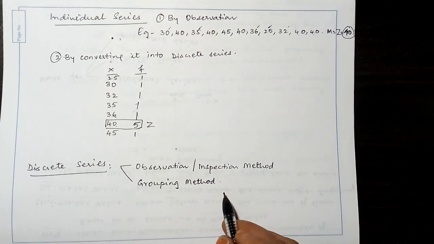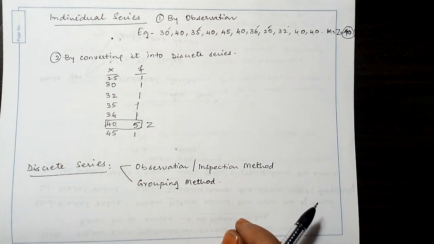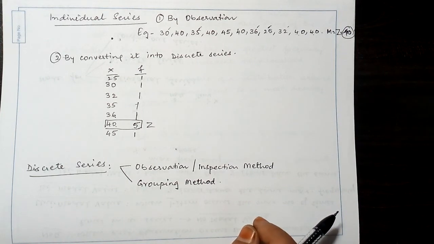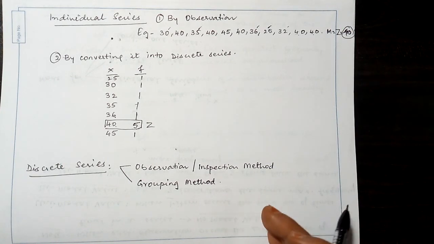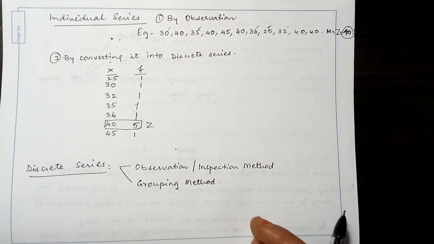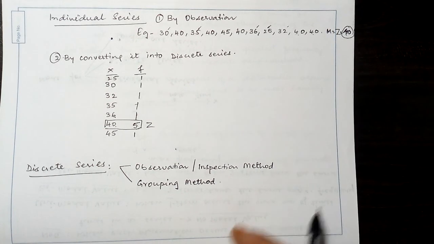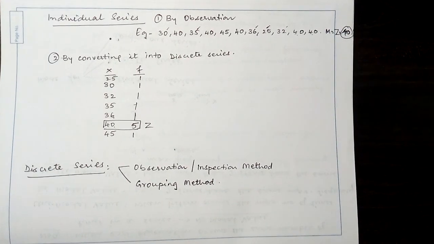Let's now look at the grouping method. In the grouping method, we will be able to locate the mode by finding out the frequency of the preceding and succeeding values. We will group them and then we will be able to find the mode.